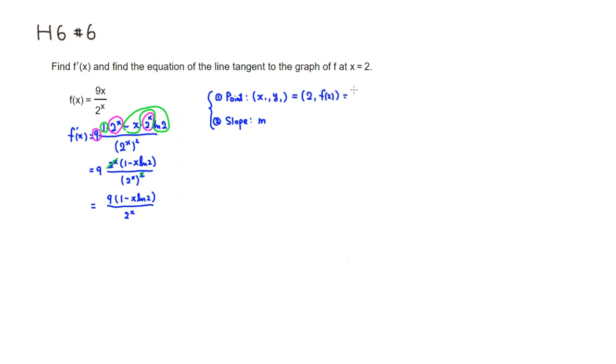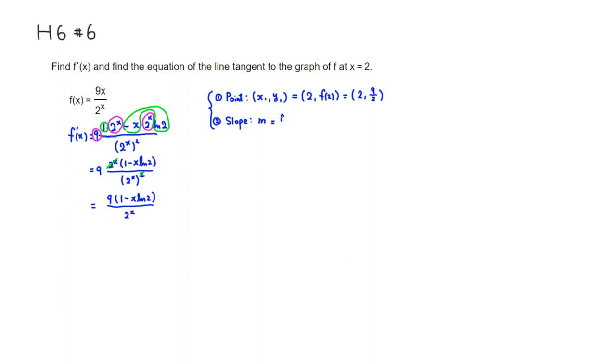Which is going to be equal to 2 comma. If you plug in 2 here, you have 9 times 2, so that's 18, and 2 squared on the bottom, so 18 divided by 4, which simplifies to 9 halves. So that's the point. In order to find the slope, you're going to look at the derivative.